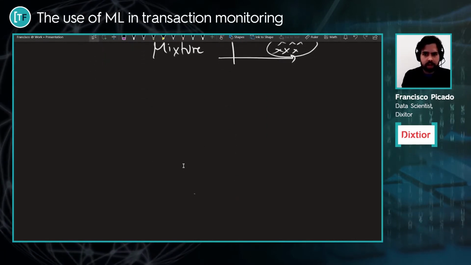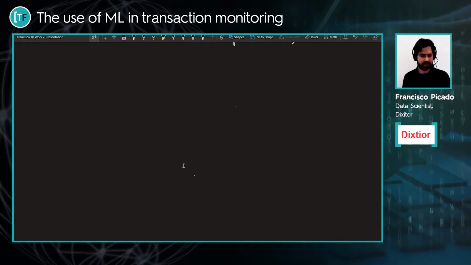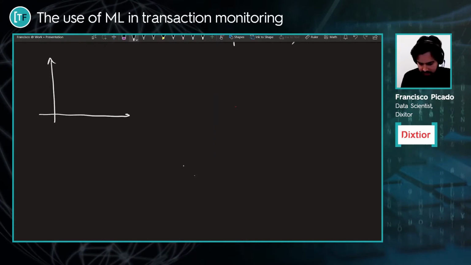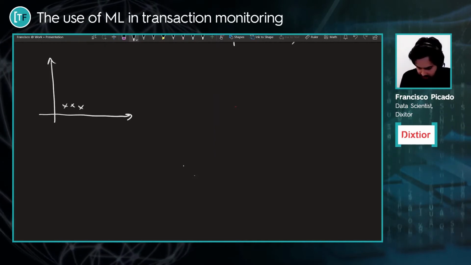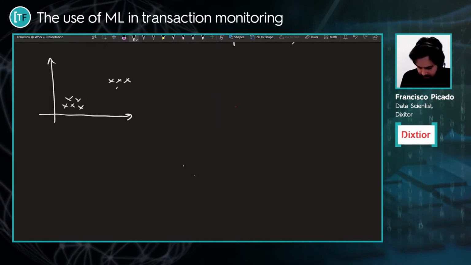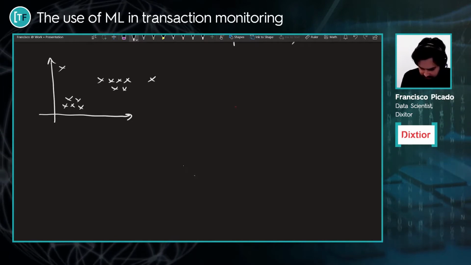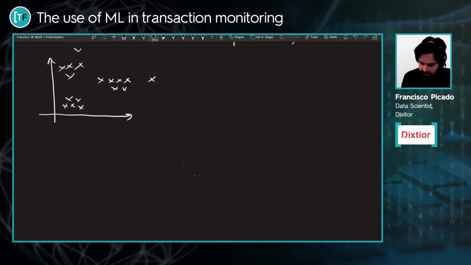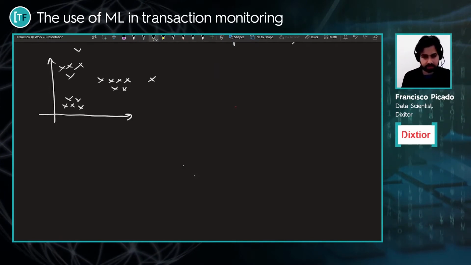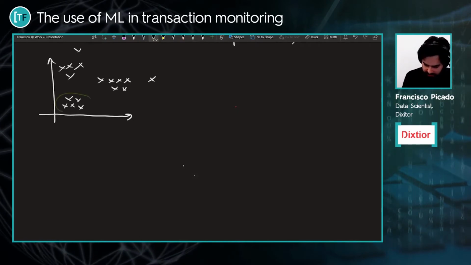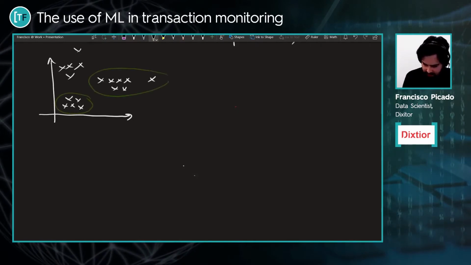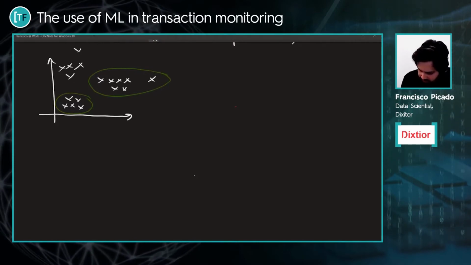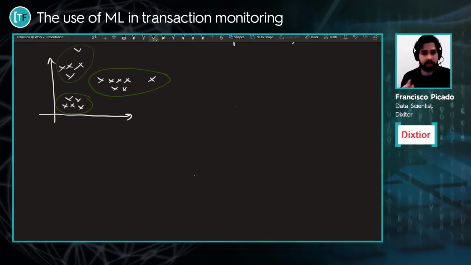However, we changed the Gaussian mixture model a bit because of extreme examples. So let's consider this example where we have some accounts over here, some accounts over here, and some accounts over here. Now, the regular Gaussian mixture would just group this as ellipse, ellipse, let's give it another color, and another color.